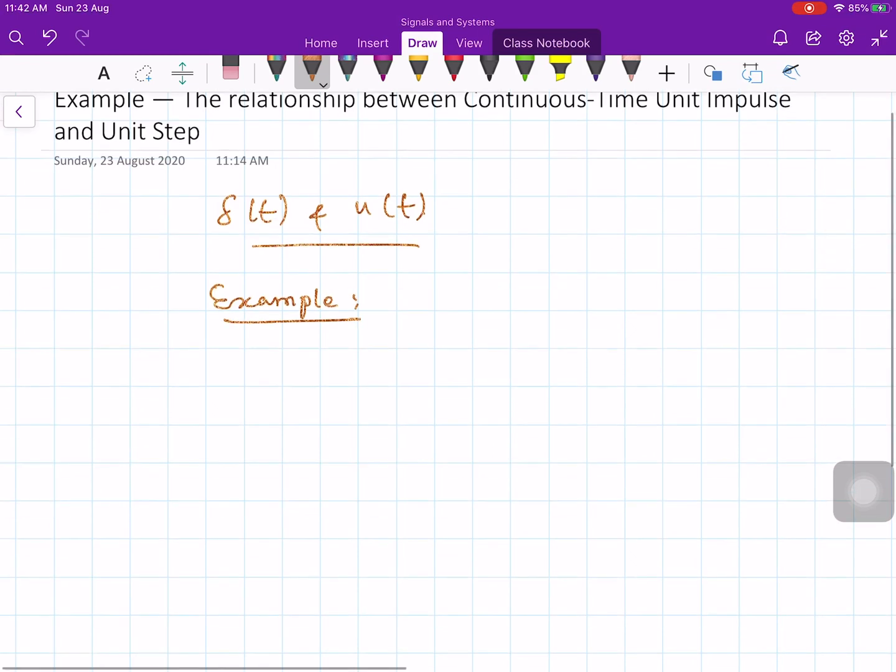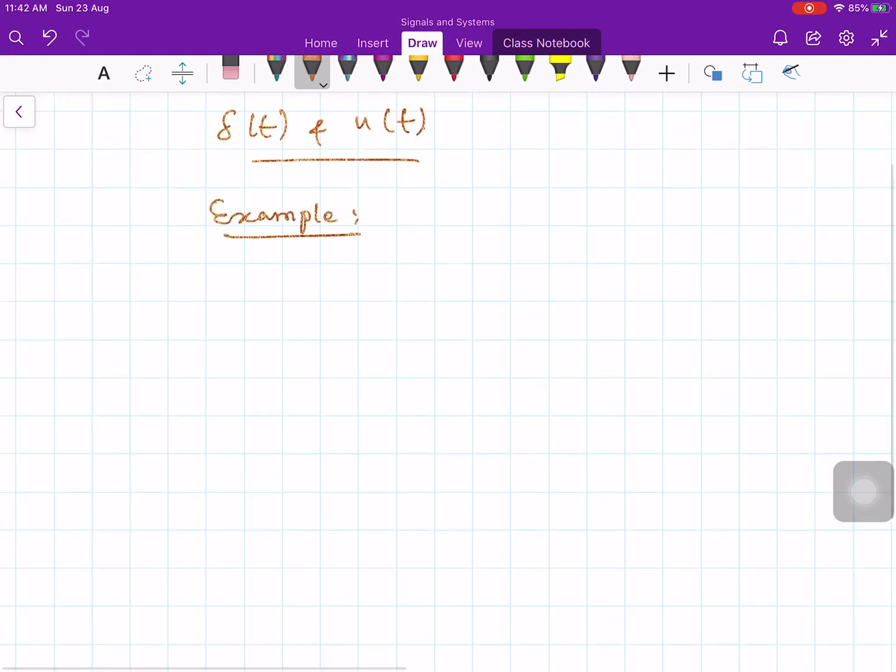So let me draw the function x of t. It is a continuous time signal. This is 0 up to the point 1. Let's say this is 1, this is 0, minus 1.